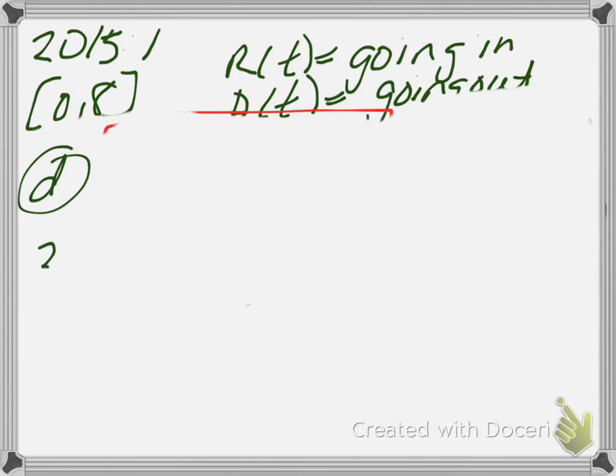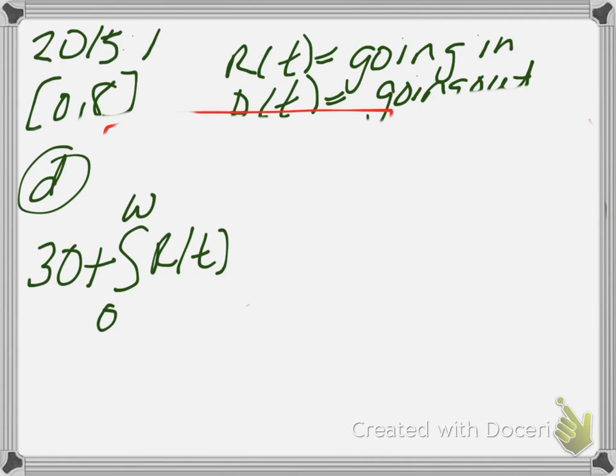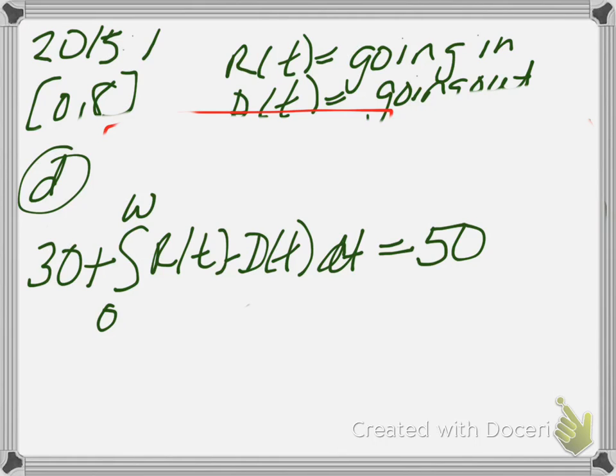How much water is ever inside this pipe? It's going to be the original 30 you're starting with plus the integral from 0 to W, because it said time W, of R of t minus D of t dt. Once it gets to 50, that's when you're going to have a problem. So when does it equal 50? You could also put when it's greater than 50. Either one should suffice.